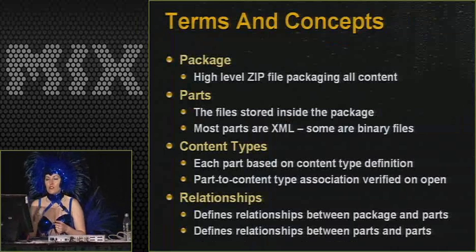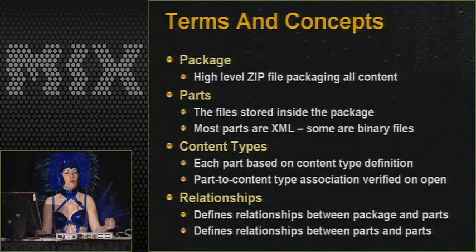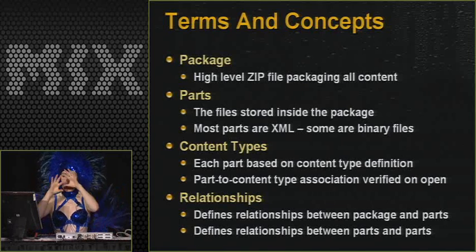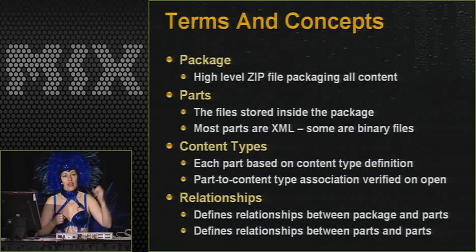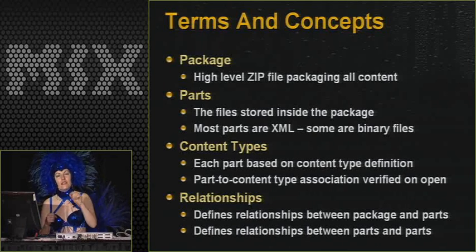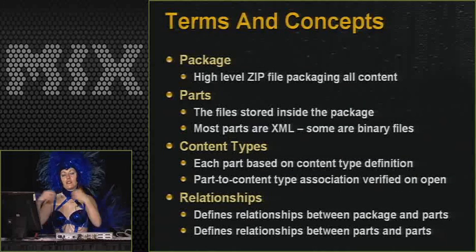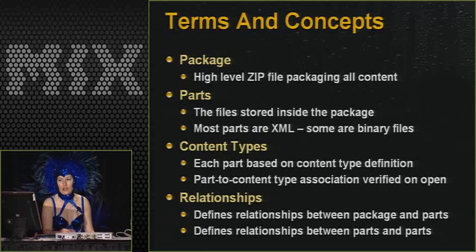So before I show some of the source code behind how you do this, the idea is that the package, the OpenXML packaging convention, is the high-level zip package. And so that's the entire piece, whether it's a docx or a pptx or an xlsx. And then inside of the package are all the different parts. Most of them are XML, a few of them are binary.